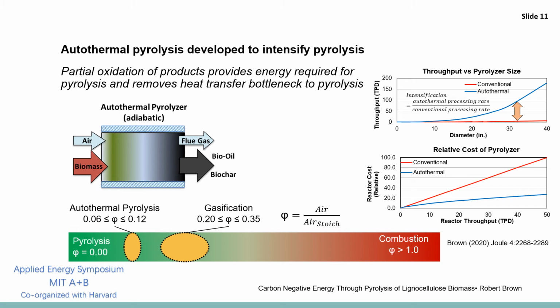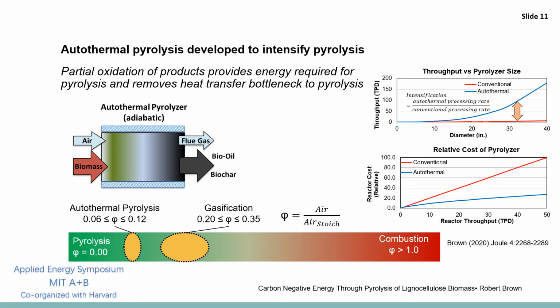Here on the right side of the slide, I'm illustrating the advantages of using an autothermal process in blue versus conventional pyrolysis in red. We're looking at the throughput of a reactor, tons per day, versus the diameter of the pyrolysis reactor. And we see that conventional pyrolysis, because of this heat transfer limitation, scales very slowly. Well, it goes as a square of diameter.